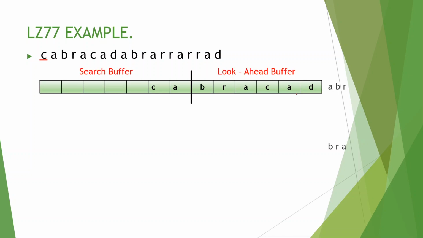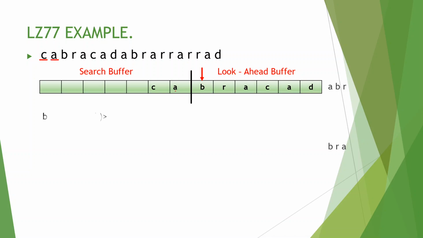Now this is the lookup buffer and this is the search buffer. We encode the symbol C, A. Now for B, the same situation is there. Search that B in the search buffer, but there is no match found in the search buffer. So our offset and length are also 0.